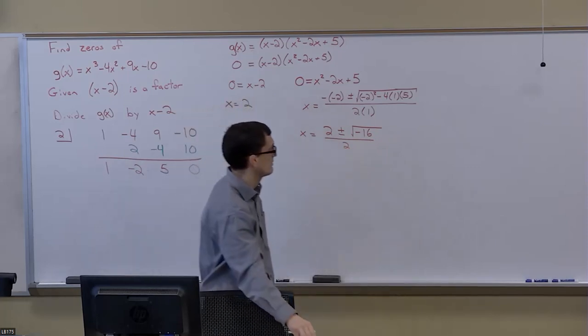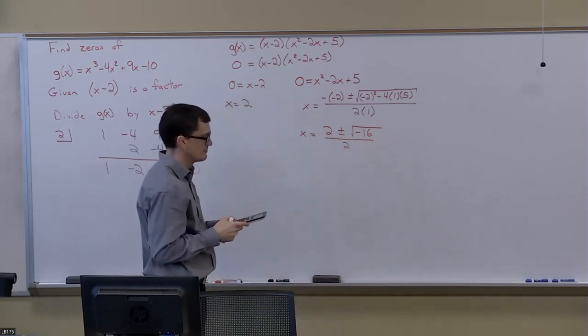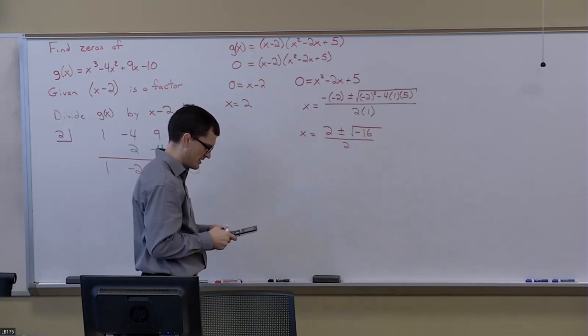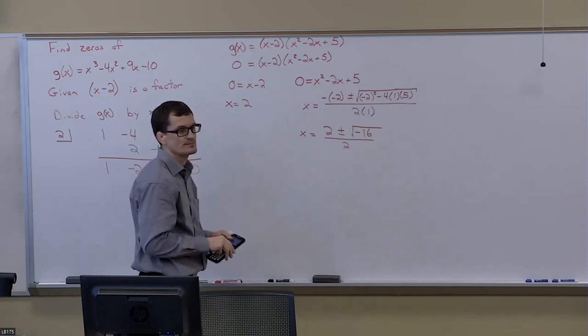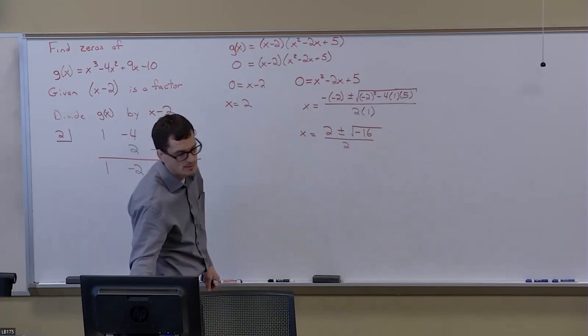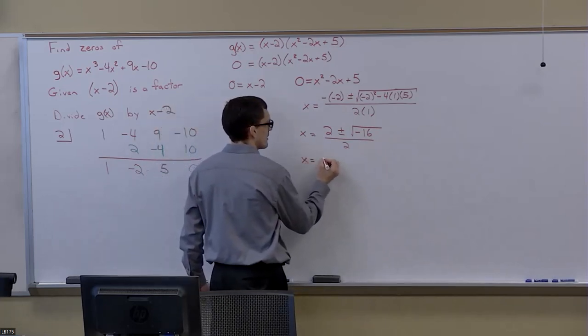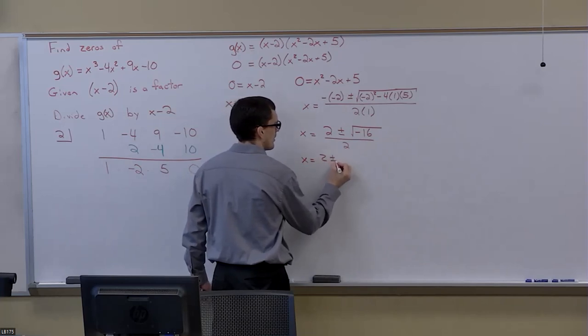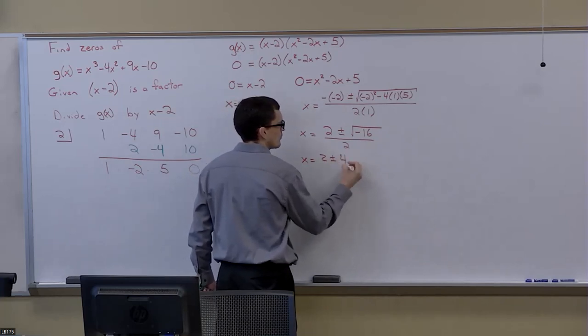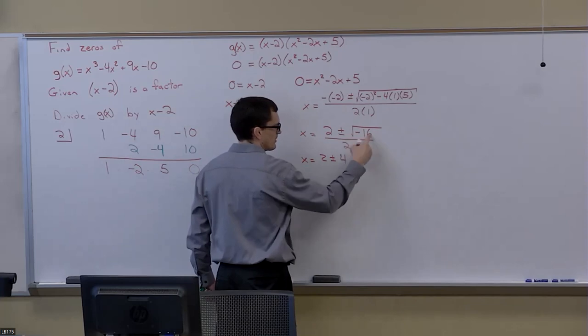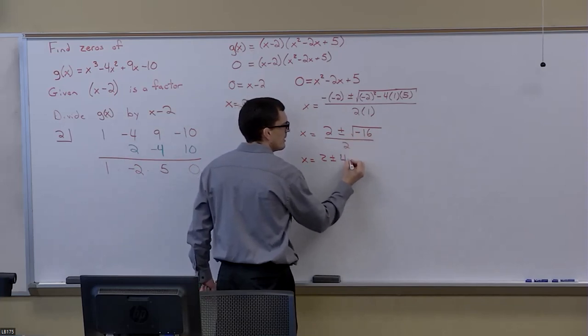Let me check that out. 4 minus 20, and 4 minus 20, -16. Good. Notice here, the square root of a -16. Square root of 16 is 4.